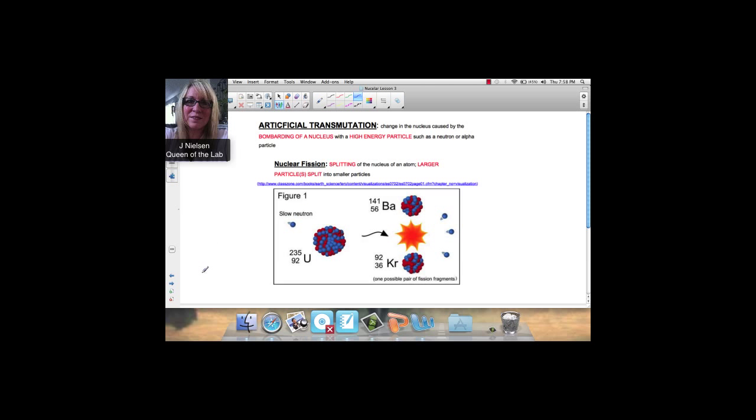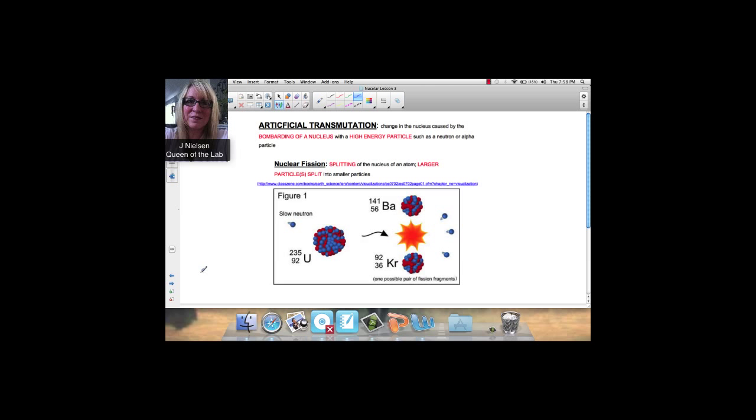So we've already talked about artificial transmutation, and we said that that's when you change a nucleus of one element into the nucleus of something else by bombarding it with a high energy particle.